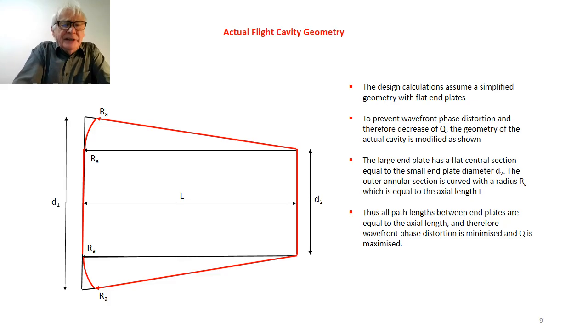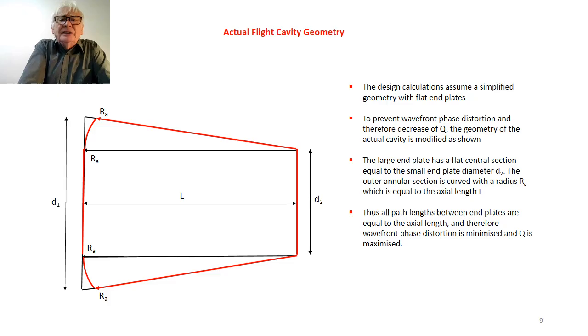Now, we've already said that the one thing that you cannot have is flat end plates, because this means that the length of the wall becomes larger than the length at the mid position of the cavity, simply by looking at the simple geometry of a flat end plate tapered cavity.